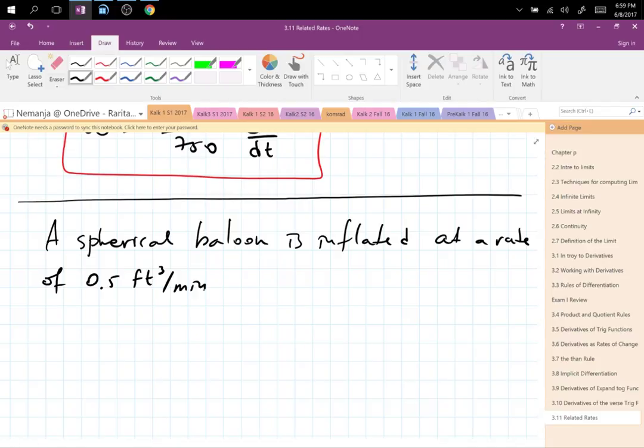What is the rate of change of its radius when the radius is 10 inches?